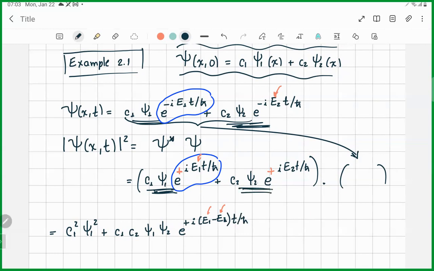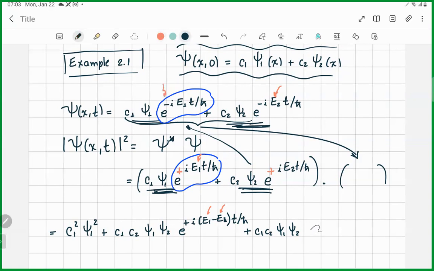Now let's start with this one, and multiply with that one. Again we have C1 and C2, psi1 and psi2. And now careful, because the exponential for the E1 is negative.